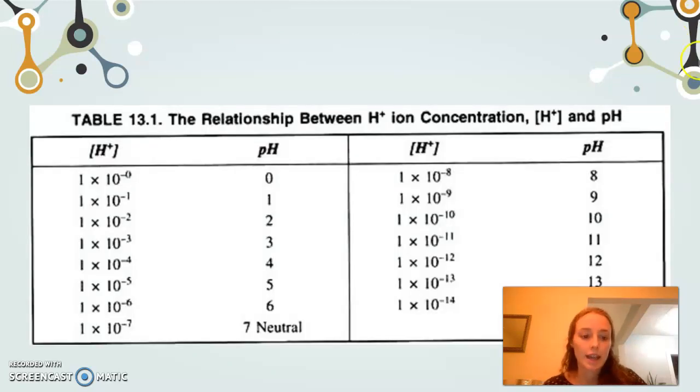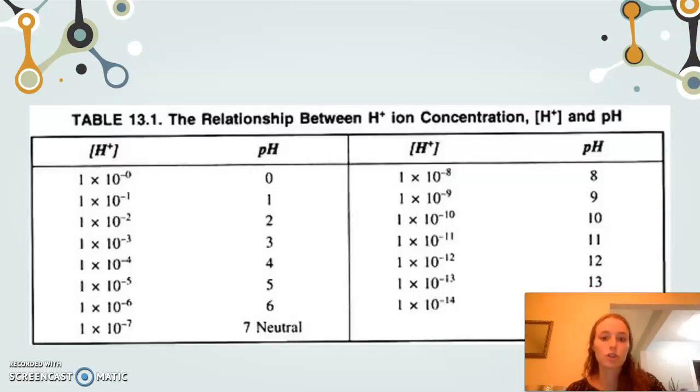So here is the pH scale, the relationship between hydrogen ion concentrations, so H+, and pH, and we see that it exponentially increases, or it increases by a factor of 10 each time. So notice that a pH of 1 is really a solution of 10 to the negative first, and then it increases greater.